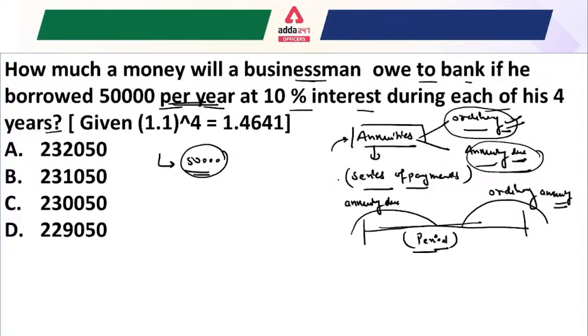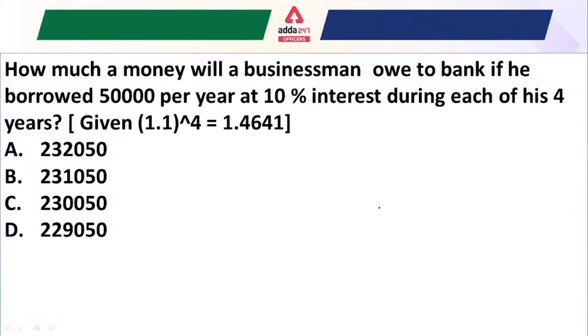Now, what is the formula of the ordinary annuity and the annuity due? Many times in the examination, the examiner asks for the formula of the annuity due or the ordinary annuity.